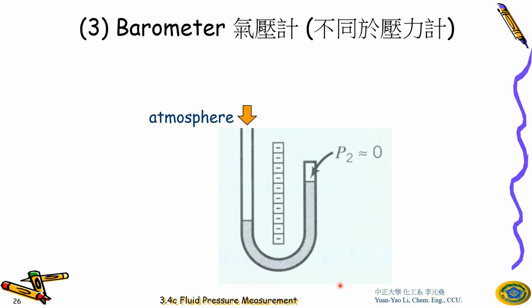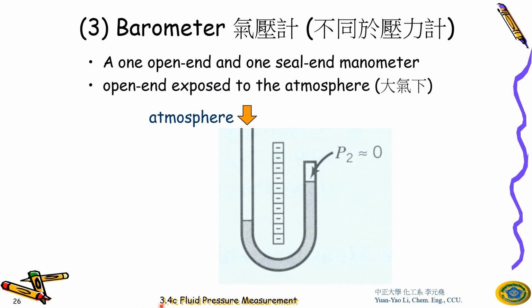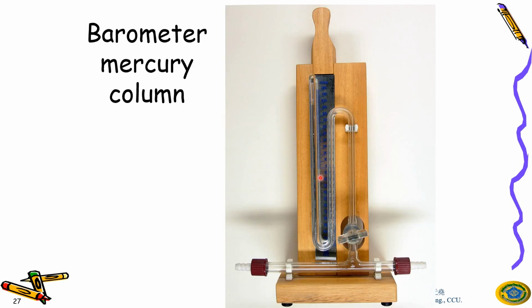Then another one is called barometer. Barometer is to measure the atmospheric pressure. For example, if your experiment is related to the pressure, and you need to measure the pressure very precisely, especially atmospheric pressure, then this is the barometer you need to use.